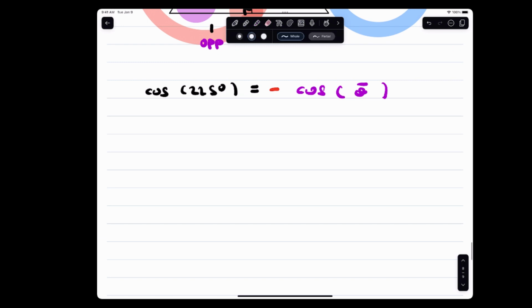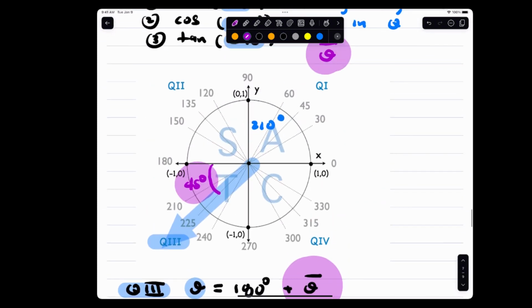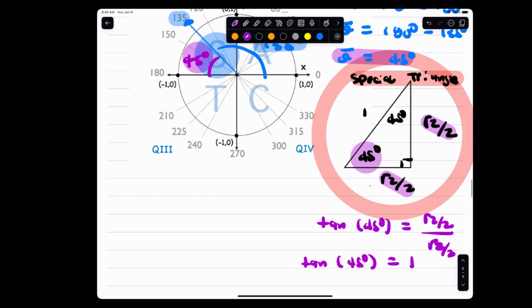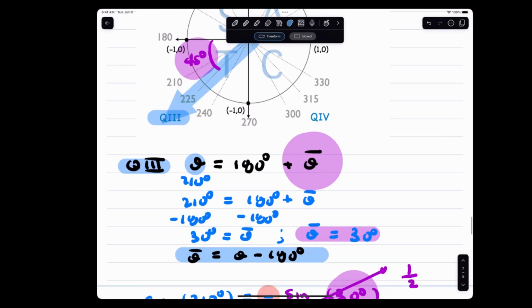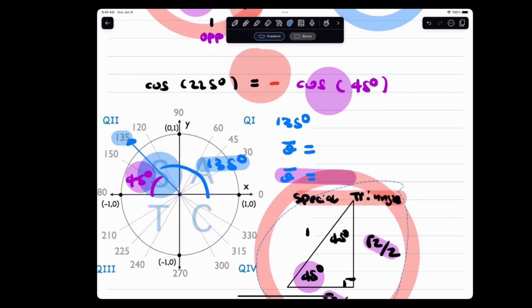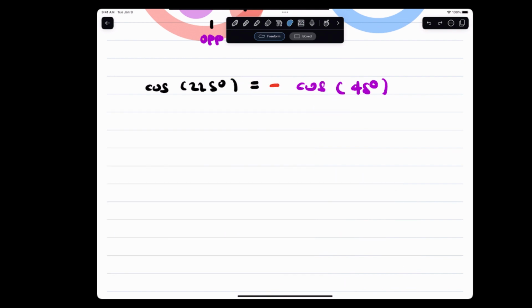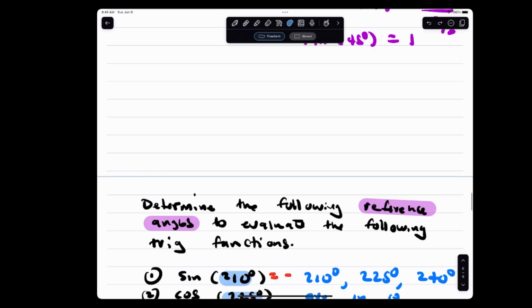So, ladies and gentlemen, can I find cosine of 45 degrees now? The only way I could do that is if I know what? What's my special triangle associated with 45 degrees? I don't want that. I only want the triangle.